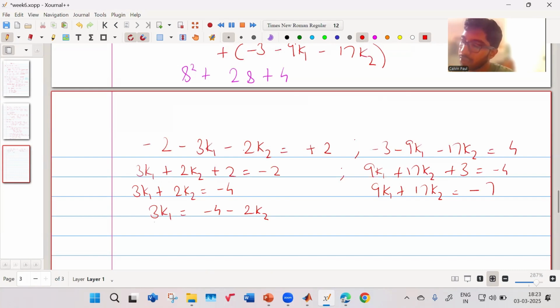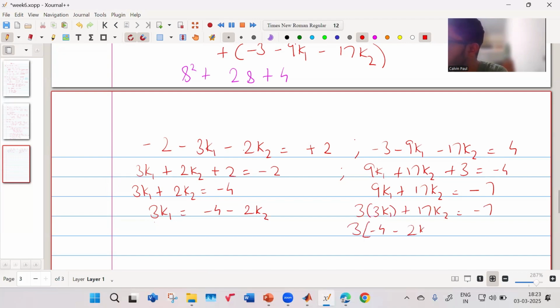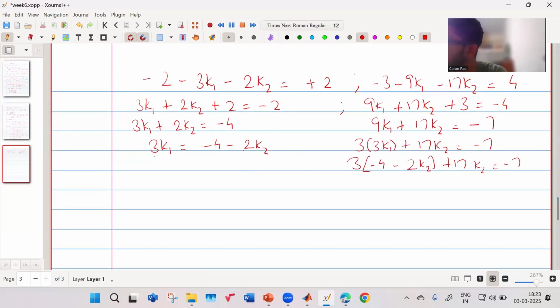That is, you have variable 3k1, you express it in terms of k2 and the value, and then you substitute 3k1. So this can be written as what? 3 into 3k1 plus 17k2 is equal to minus 7. So that is 3 into minus 4 minus 2k2 plus 17k2 is equal to minus 7. Okay, so that becomes equal to minus 12 minus 6k2 plus 17k2 is equal to minus 7.